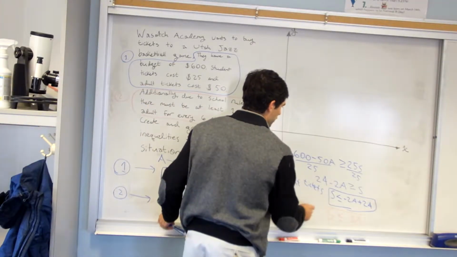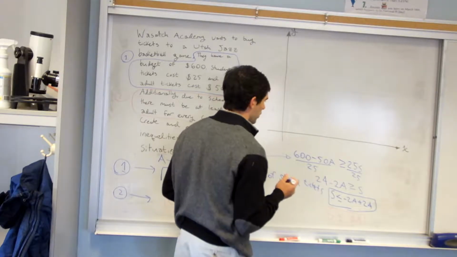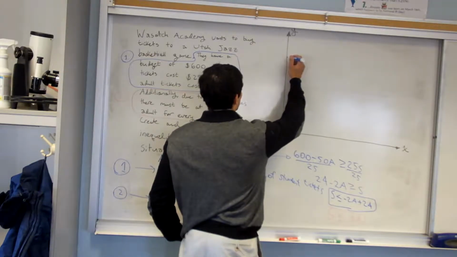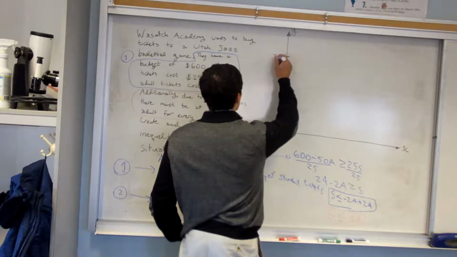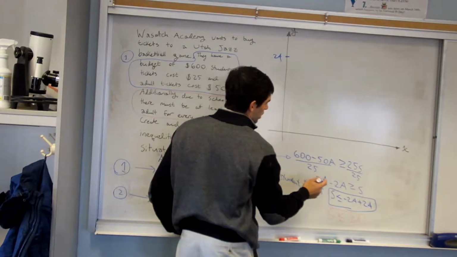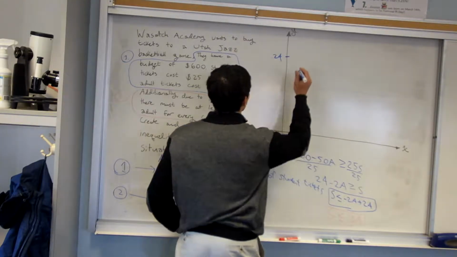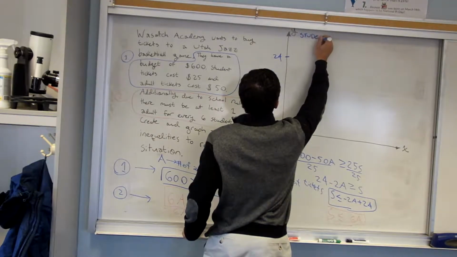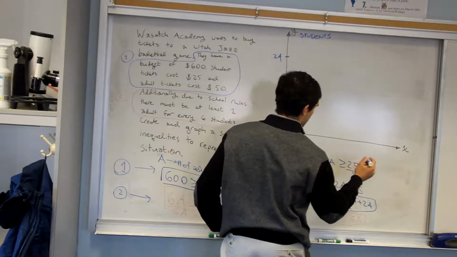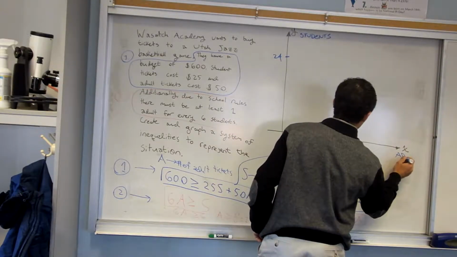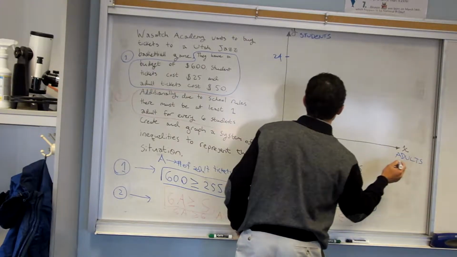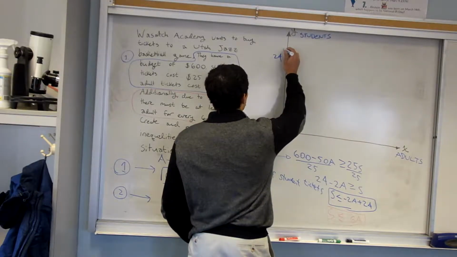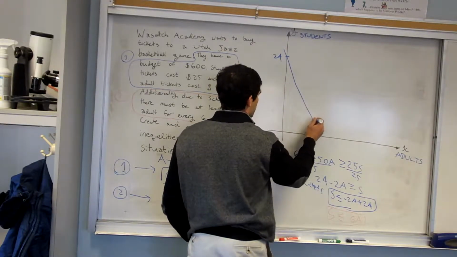So I'm going to graph the first one. I'm just going to do approximate graphs here, but our intercept is 24, and our slope is negative 2. So if y, which we will label as students, and x we can label as adults, our graph is going to look something like that.